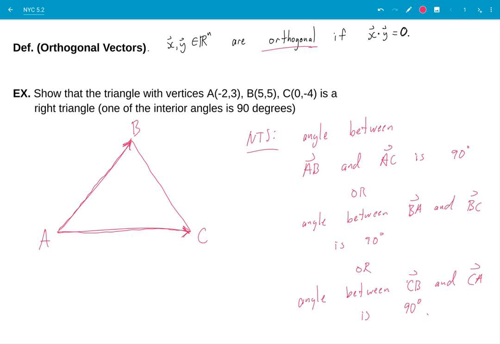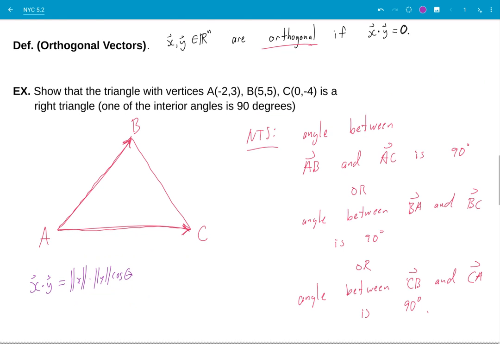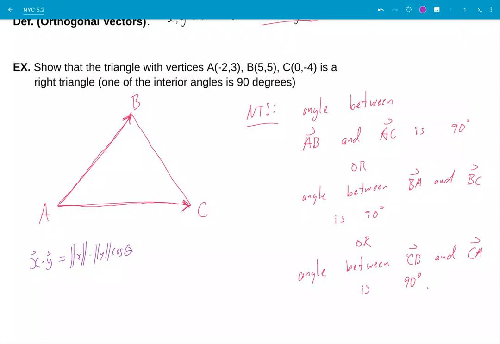So how am I going to do that? Well, I'm going to look at my formula, which is x dot y is equal to length of x times length of y cosine theta. So looking at this formula, what can I conclude?